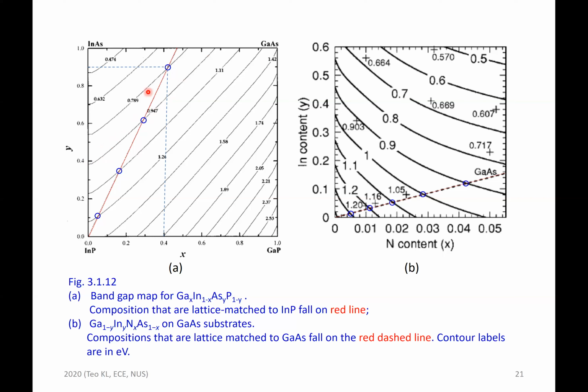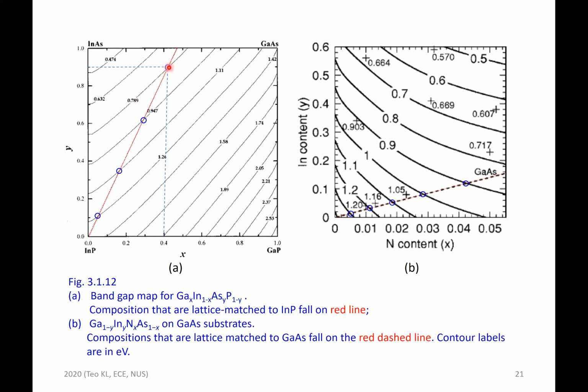However, if I have a point here, that means it falls on this contour line of 0.789 eV and also intersects this straight line.